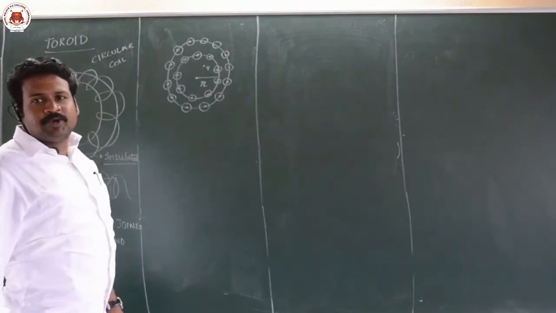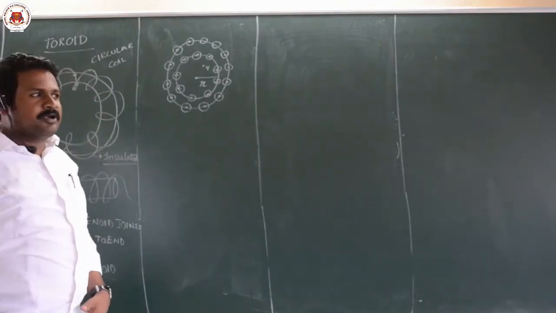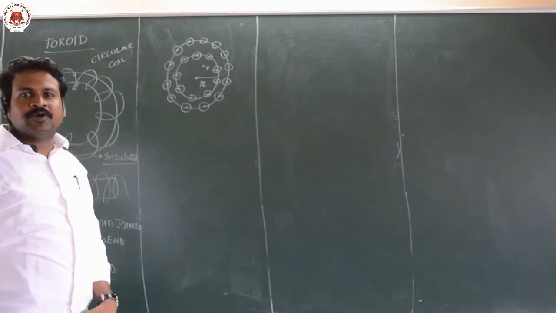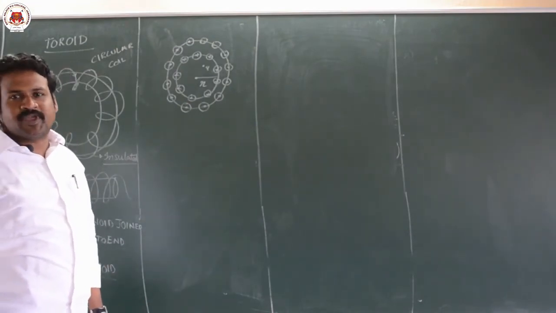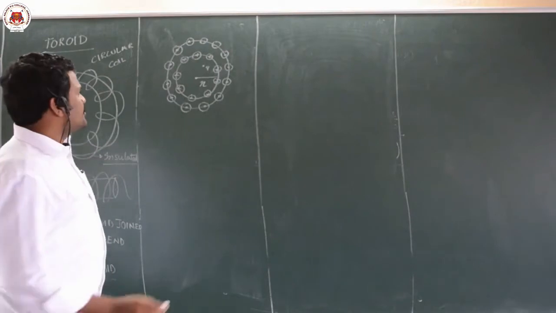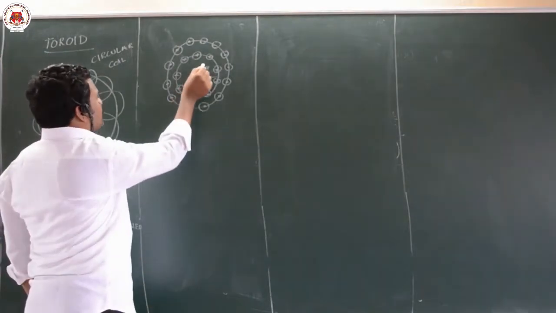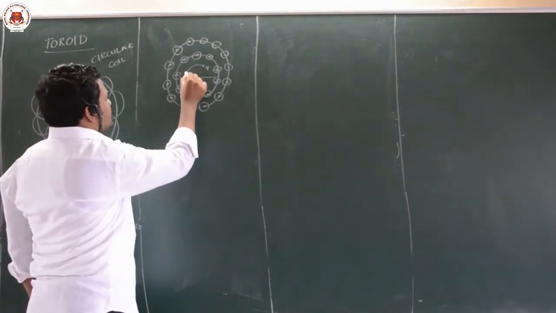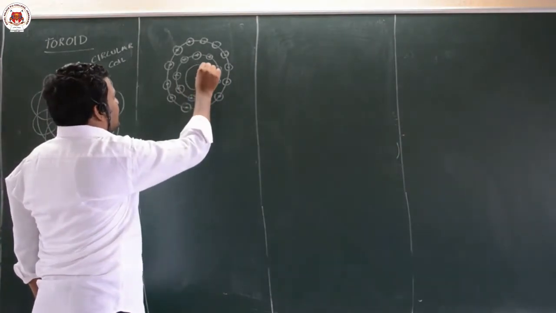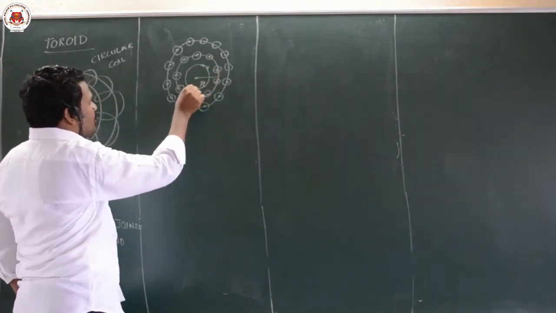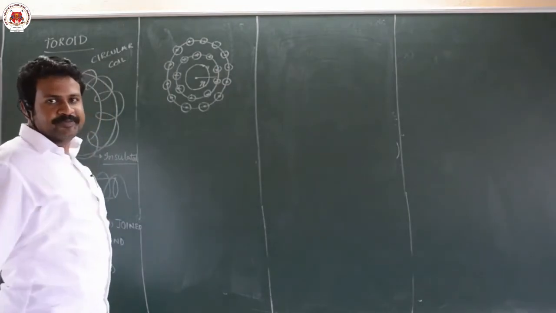Now when I take a point P inside the toroid, according to our previous videos, we have to follow Ampere's circuital law. So I have to construct one loop here, which is constructed by me, but it is known as the Ampere circuital loop.